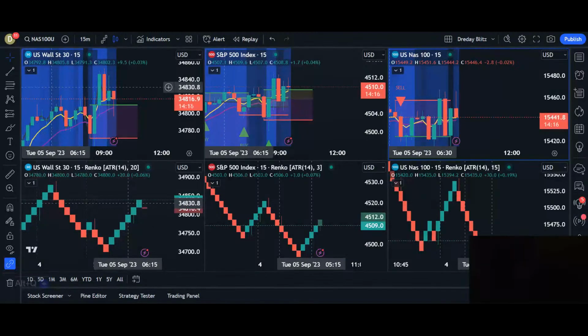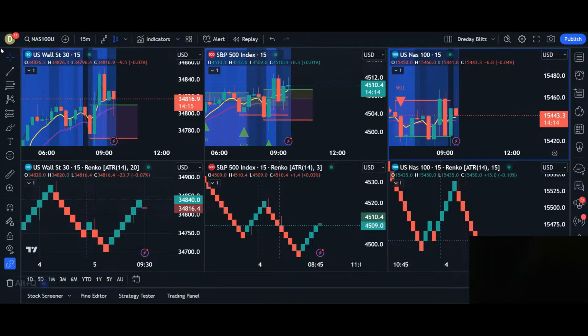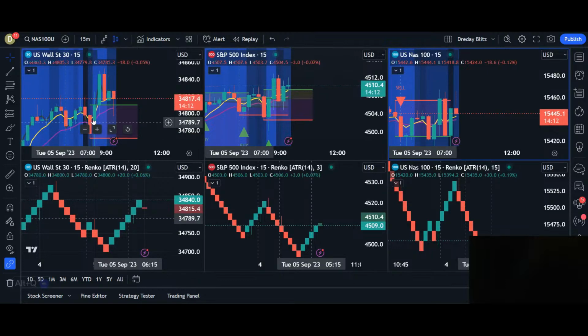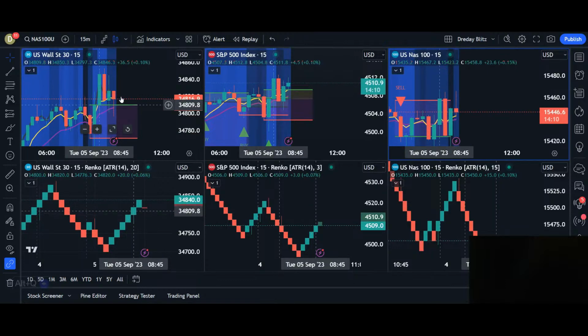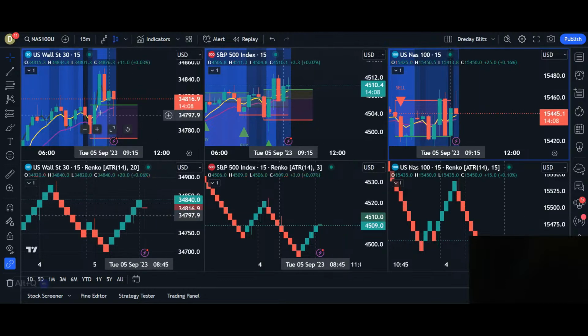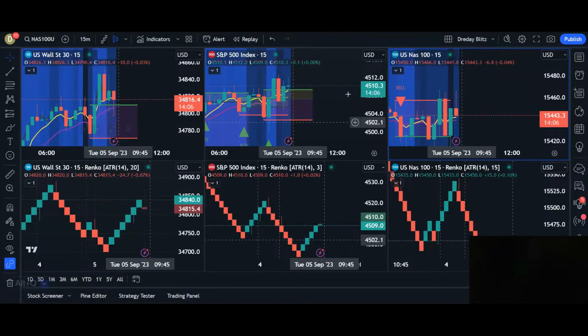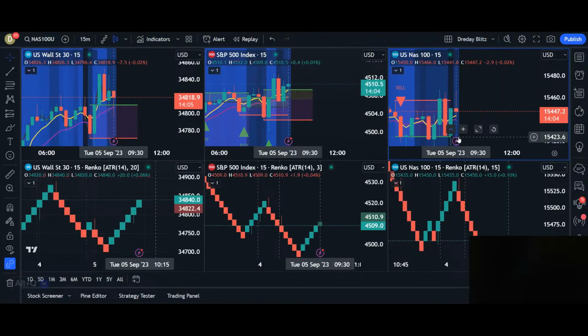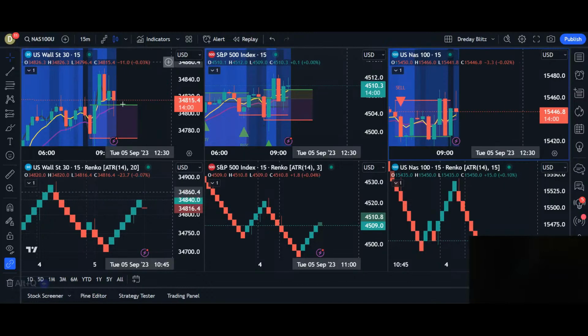If the candlesticks are over the EMAs, we're looking for buy signals, and if they're under the EMAs, we're looking for sell signals.